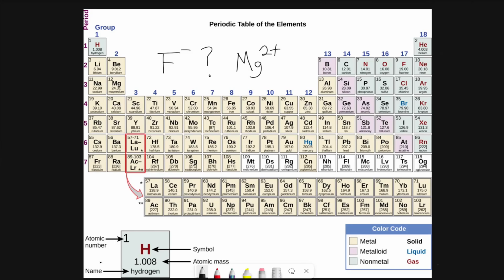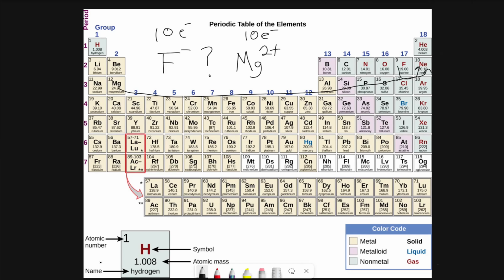So the fluoride anion would gain 1 electron and it would be isoelectronic to neon, meaning that it has 10 electrons. Magnesium also would lose 2 electrons and would go backwards isoelectronically to neon as well.